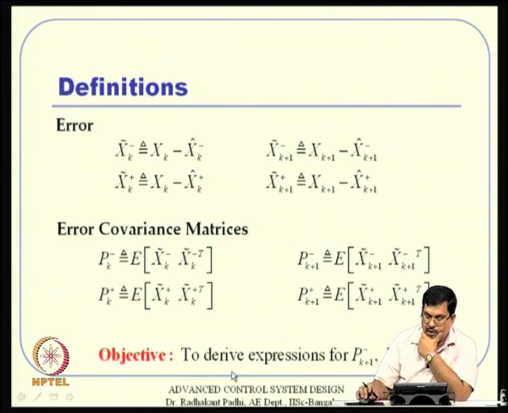Obviously, the objective here is to derive expressions for these. We ultimately need to derive expressions for the Kalman gain K k, but also for P k plus 1 minus and P k plus, because K k is a function of these.